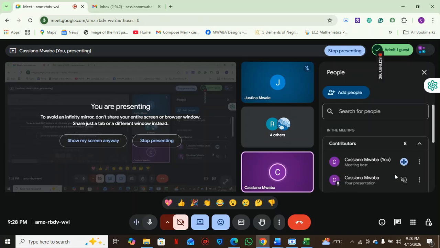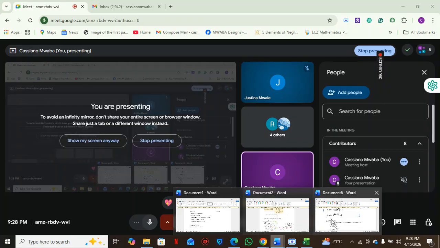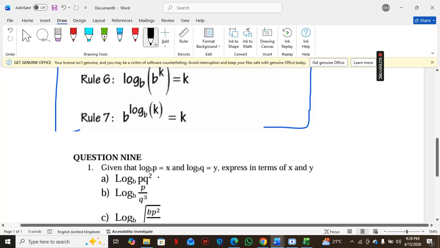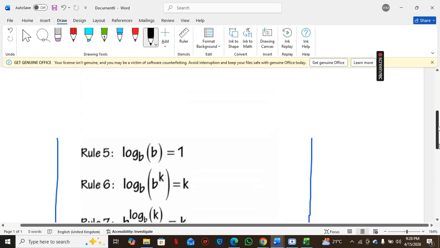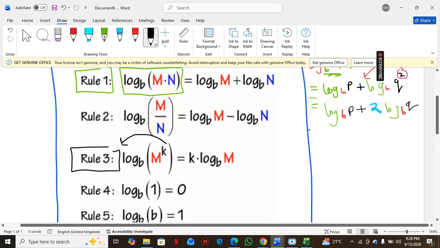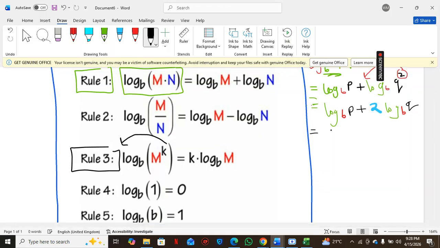So log_b p, we substitute with x, plus 2, then log_b q equals y. So that is our answer here.